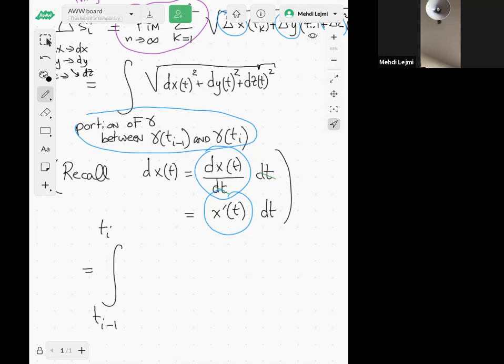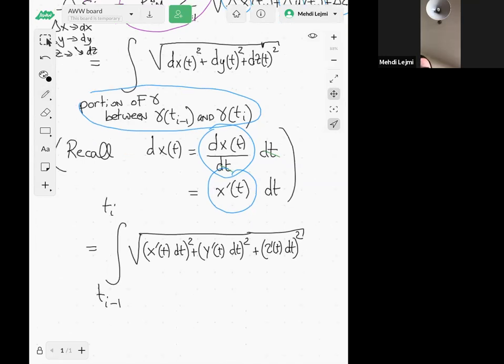Then you have the square root of x prime of t dt squared, y prime of t dt squared, plus z prime of t dt squared. Of course you have dt squared, so you can factor it out, and because of the square root, it will be dt outside the square root.